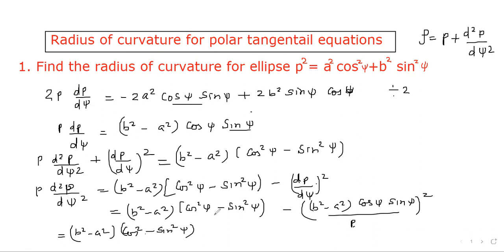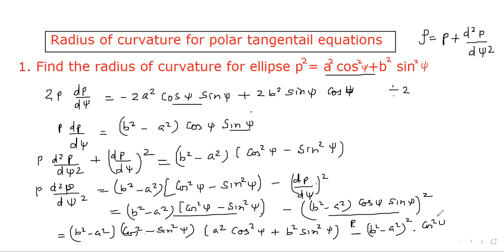If we take LCM, p² will get multiplied to this, and p² is given in the question itself, so we can write it here: a² cos²ψ + b² sin²ψ, minus this thing (b² − a²)² cos²ψ sin²ψ, whole divided by p².